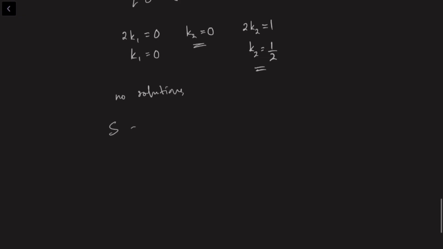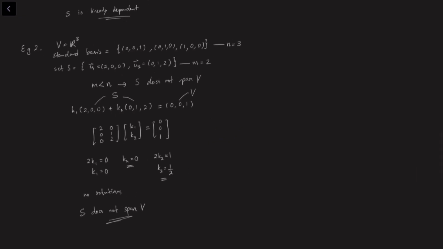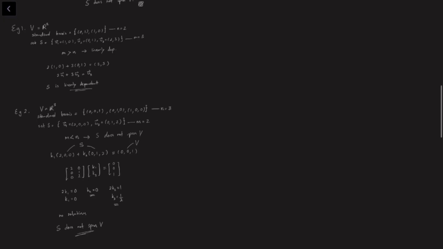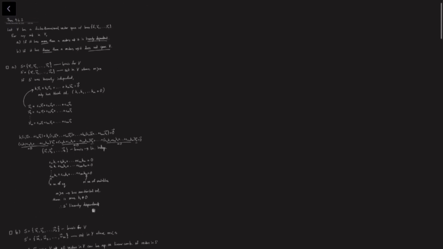So S does not span V. This is another example for when S has fewer vectors and it does not span V. So these are the two examples, and this is the proof, and that's it. Thank you for listening.